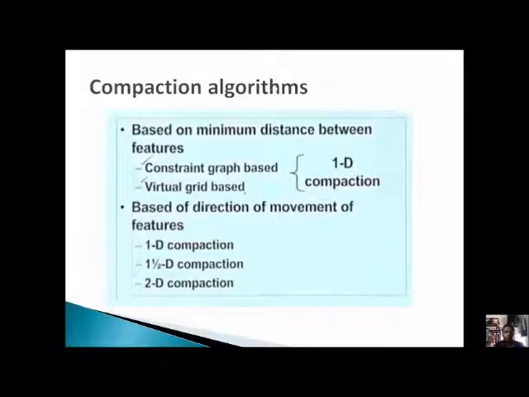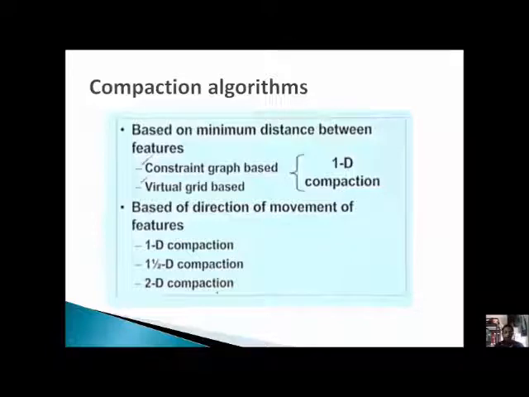Now coming to the compaction algorithms, these are based on minimum distance between features. I have told you features are nothing but rectangular blocks, polysilicon, diffusion. These are constraint graph based and virtual grid based. All these are 1D compaction, that is, we can reduce only in one direction. Based on the direction of movement of features, we have 1D compaction, 1.5D compaction, and 2D compaction.